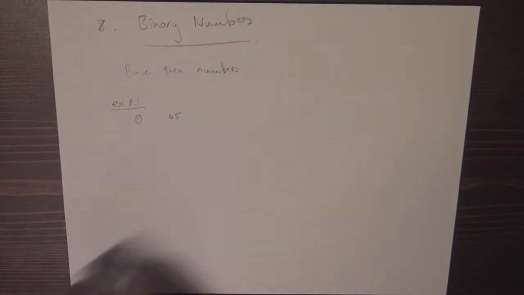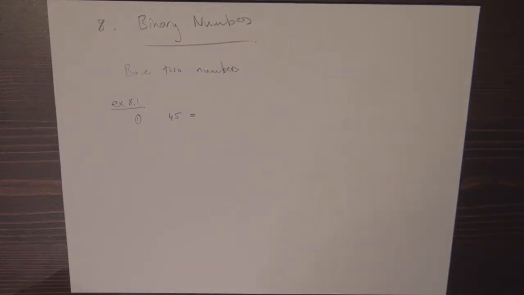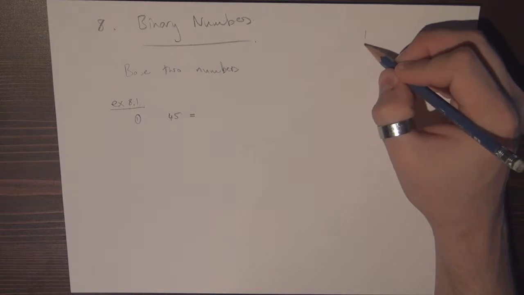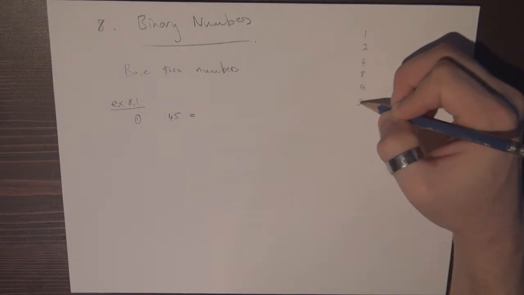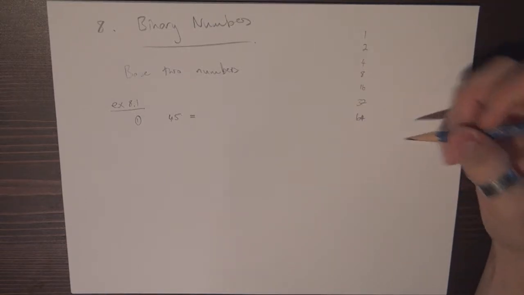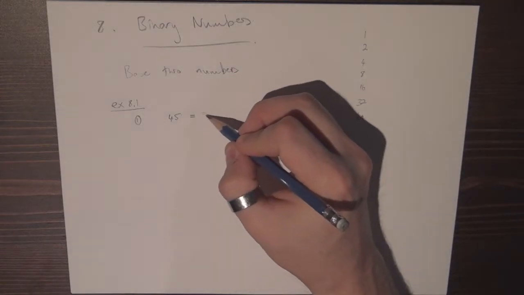I can break this up and say, well, what is the highest power of 2 that can go in here? Well, what are the powers of 2? Powers of 2 are 1, 2, 4, 8, 16, 32. 32 can still fit, but the next one is 64, which is too big. So I can say, well, this is 32.